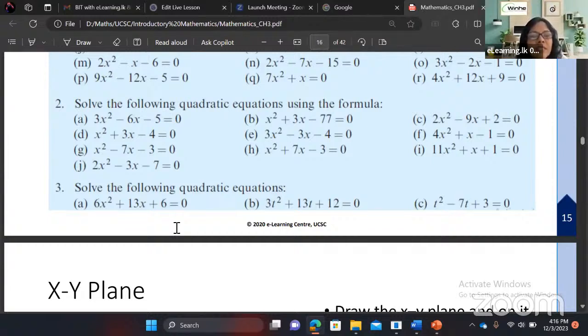Are there any difficulties in finding roots of a quadratic equation using that formula? If you have any difficulties finding that, please let me know, right?